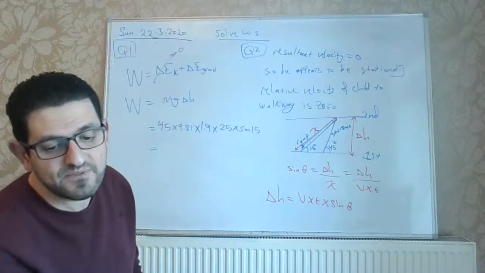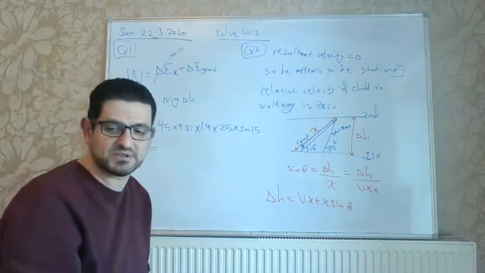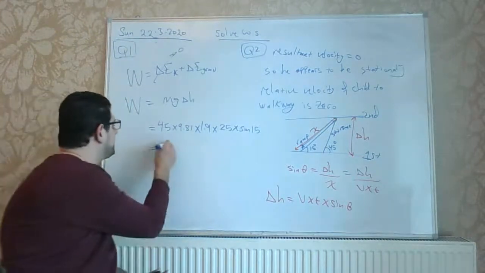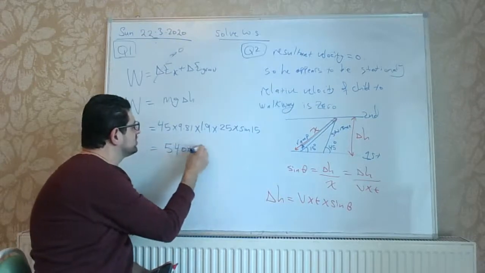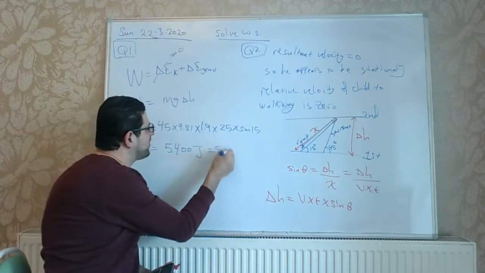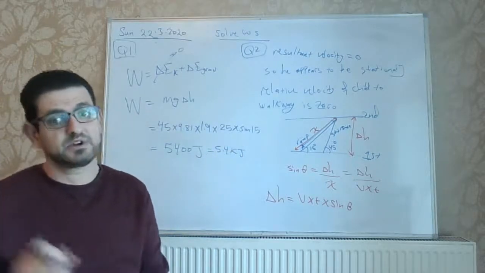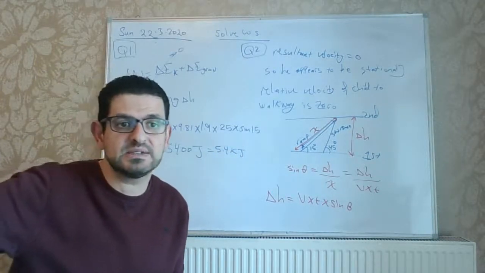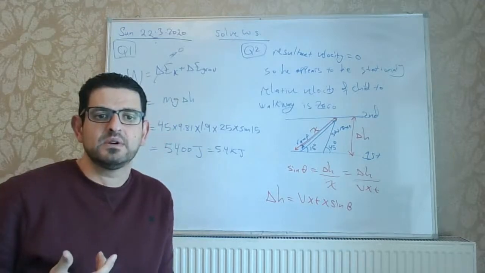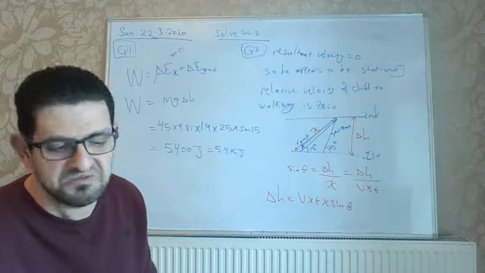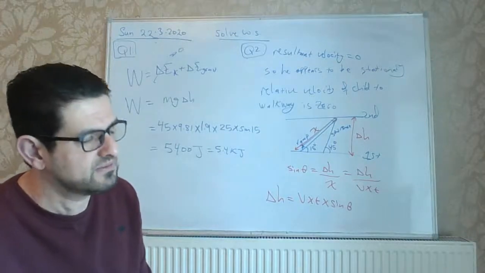It should be around 5 kilojoules, meaning 5,000 joules. 5,400 joules, which equals 5.4 kilojoules, so it's accepted. Isn't this not tough? It's tough for the first time, but later on you will see they are the same.